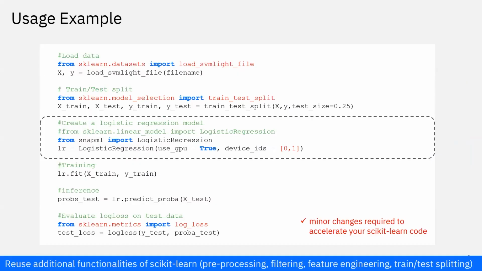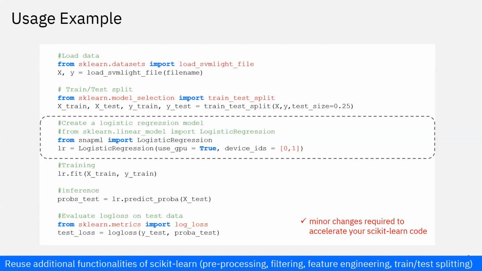Okay, so here's a full worked example of training a logistic regression from SnapML and evaluating it. What we want to show really with this slide is that SnapML can plug into applications which are using the scikit-learn ecosystem.